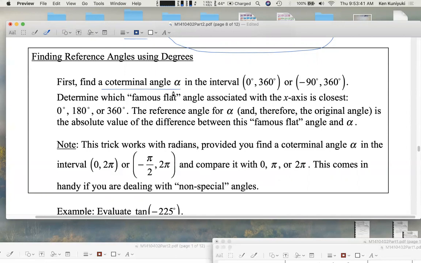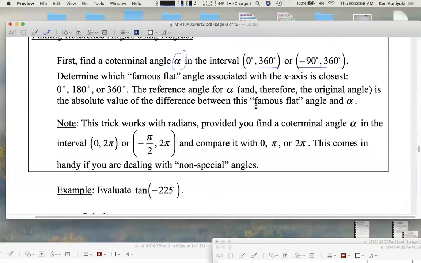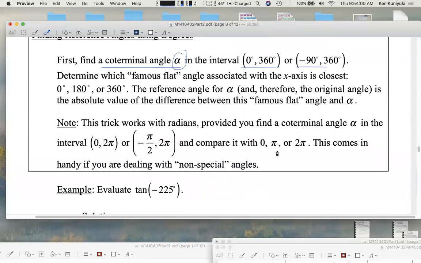So find a coterminal angle alpha that's either between 0 degrees and 360 degrees, or it could be slightly negative. So here's how you would find a reference angle for either theta or alpha, this nice coterminal angle. Bottom line, you're going to take the absolute value of some flat angle minus alpha, this nice coterminal angle you're dealing with. It could be the original angle.